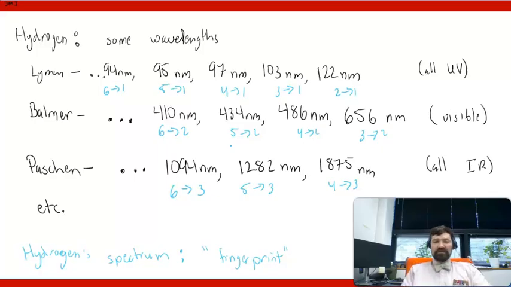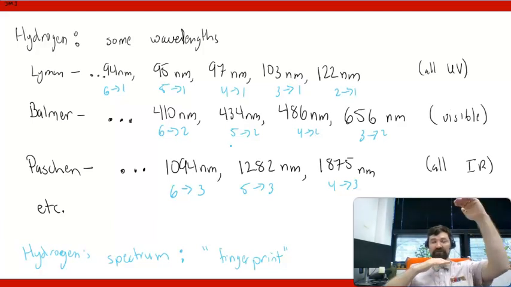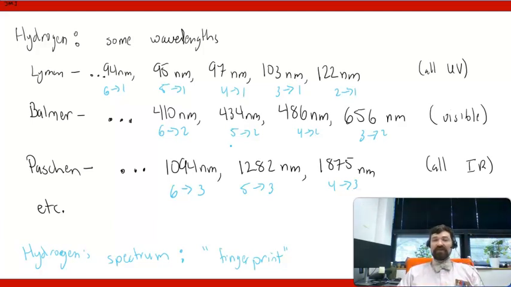And there are additional series, obviously, because you could transition into the 4th state or the 5th state, etc. So essentially, the higher the state that you start from and the lower the state you end in, the shorter the wavelength. And as you may know from quantum mechanics, that means the larger the energy difference.